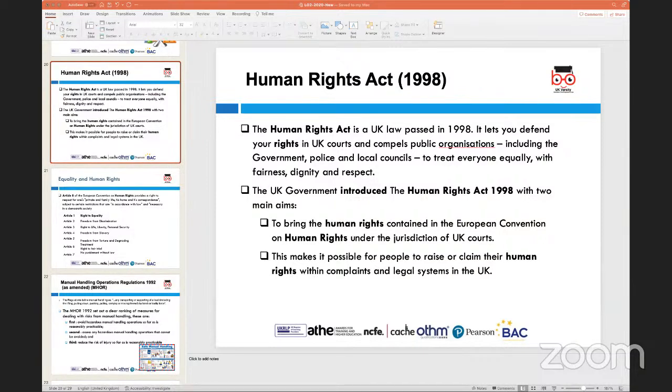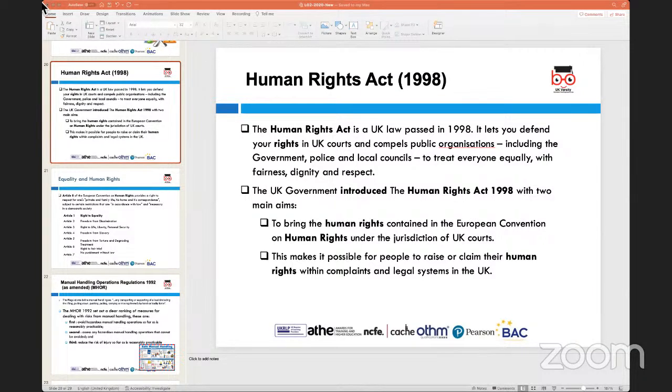It means that the courts in the UK defend the rights of the individual and members of the public, and ensure that if they are receiving services from any government department, public organization or local council authority, they are treated equally, fairly, and with dignity and respect.